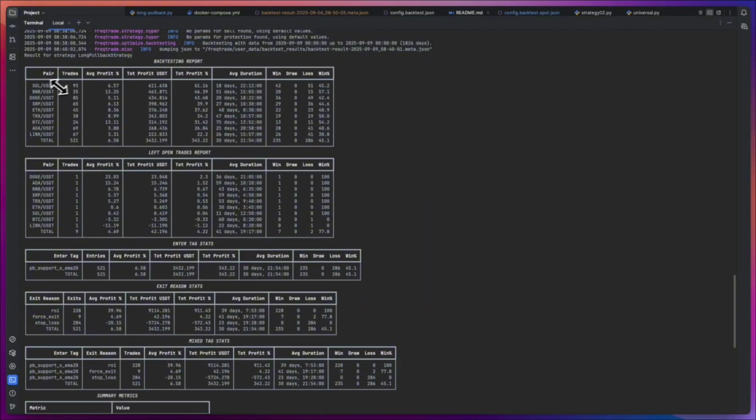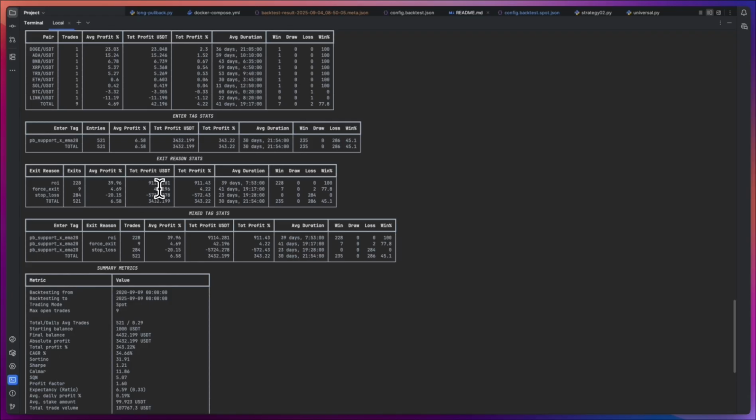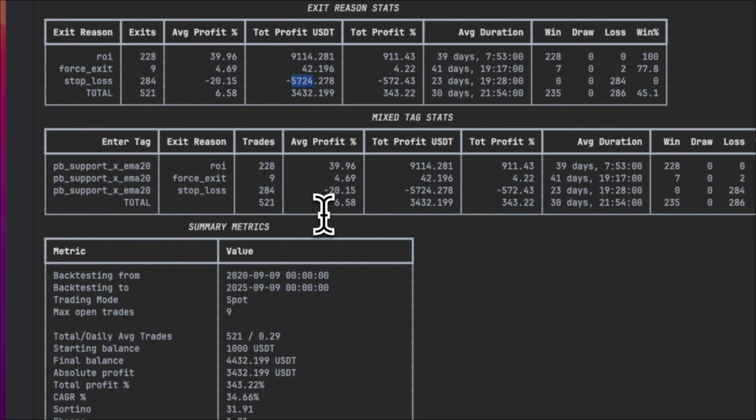And here we found that there was not a single pair unprofitable, so everything was profitable. We found that one of our indicators made 9K and one lost 5K, so it's a big loss, right? But still we managed to be profitable.